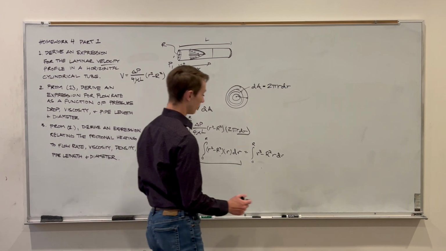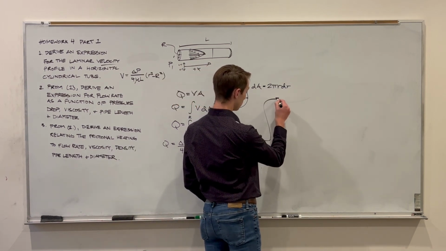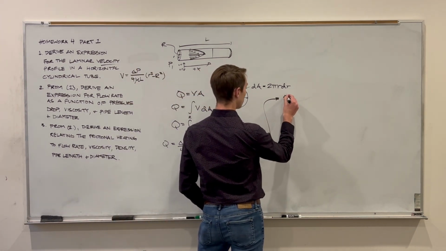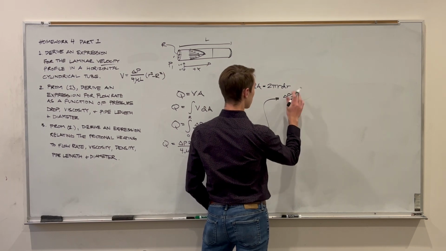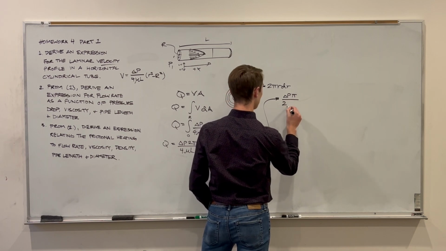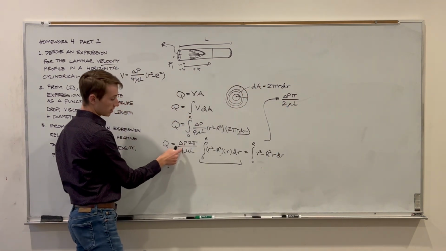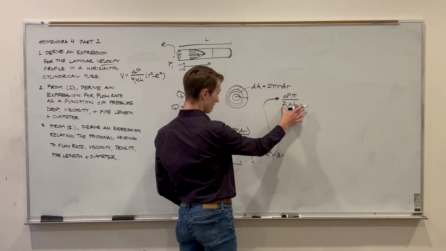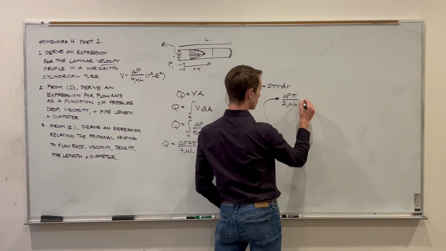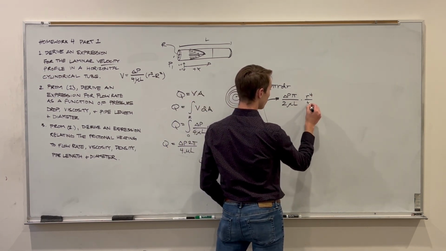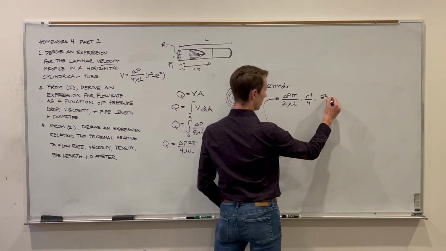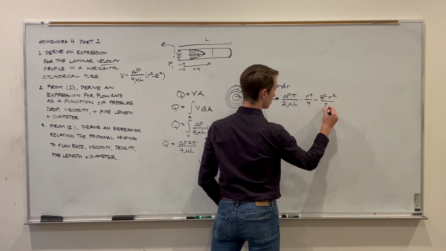This integral expression is going to be equal to, carry our constant over, delta p times pi over 2 mu L. I just took that 2 and that 4 and condensed it into 1/2, times the integral: of r cubed is going to be r to the 4th over 4, minus R squared times the integral of r, which is r squared over 2.